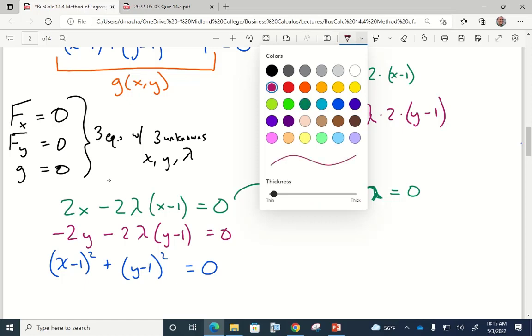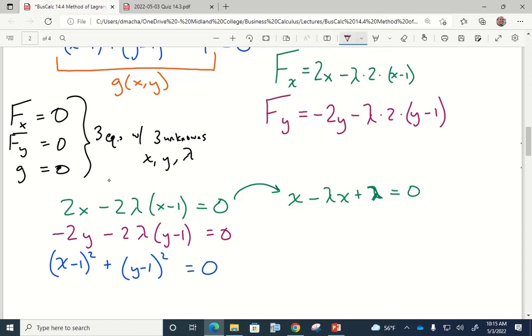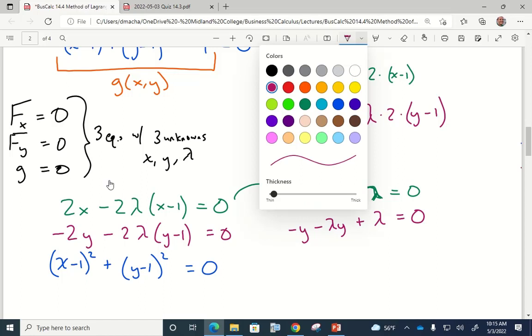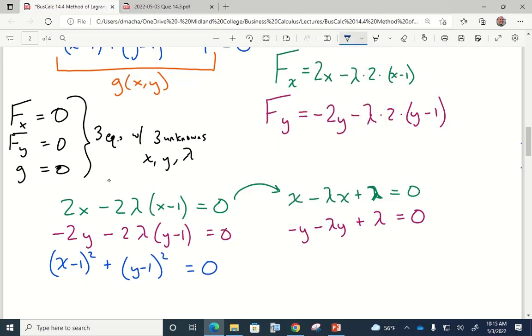Then same thing, divide both sides by 2, distribute the lambda, gives me negative y minus lambda y plus lambda equals 0. And then my constraint, oops, I forgot a part of this, minus 4. There we go.